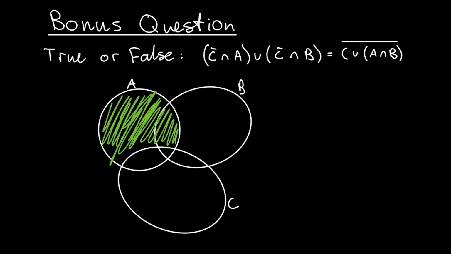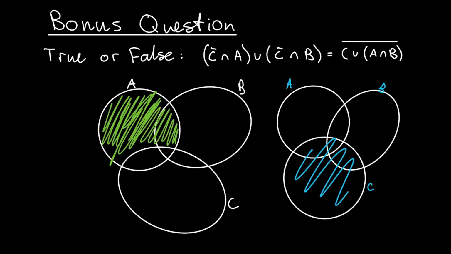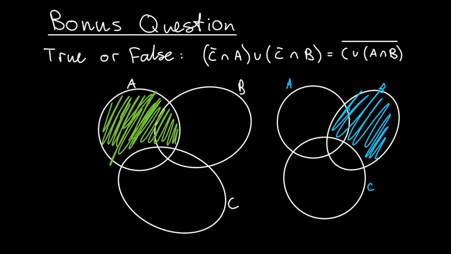And now we'll look at this here. 3 circles for this part. So everything that's not in C, so we'll say C, B, A, everything that's not in C, which is all of this, and everything that's in B, which is this.